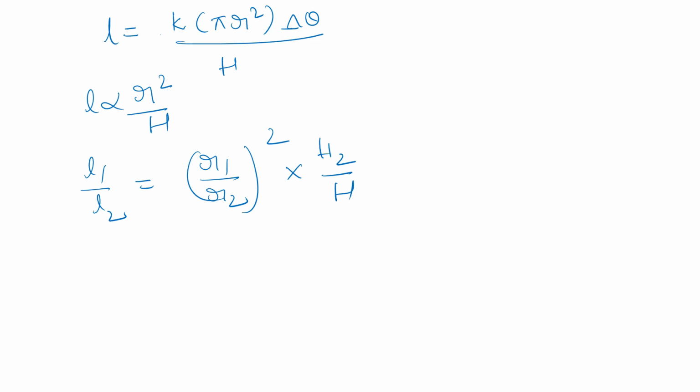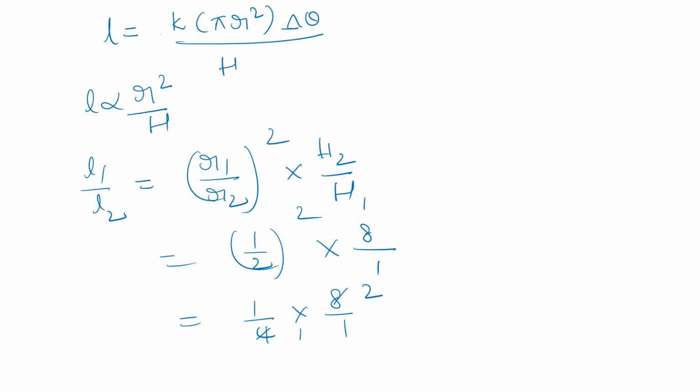Now substituting R1 by R2, 1 by 2 whole square, H2 by H1, 8 by 1. 1 by 2 whole square is 1 by 4 into 8 by 1. 4 ones are 4, 4 twos are 8, so 2 by 1. So the ratio of their lengths L1 by L2 is equal to 2 by 1.